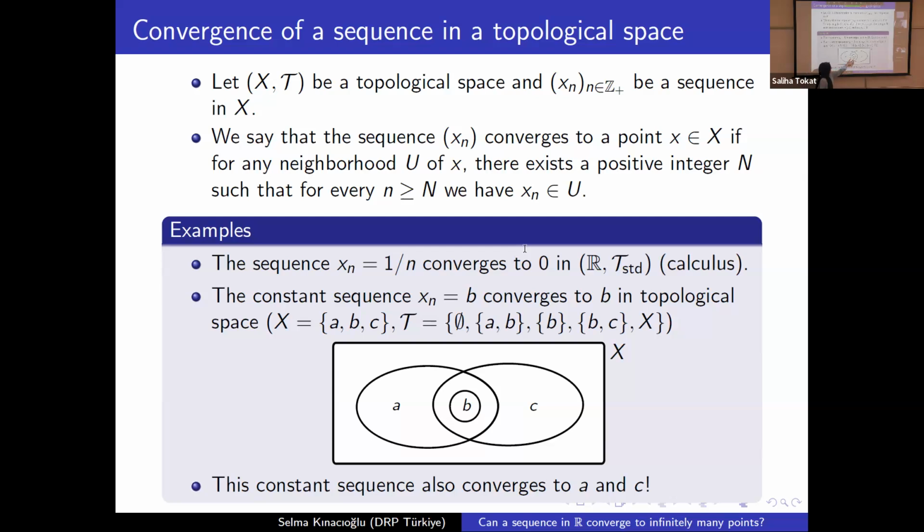At the same time, when I consider C, it can be in the same neighborhood of B. And this means that a sequence can converge to A, B, C, and all numbers.